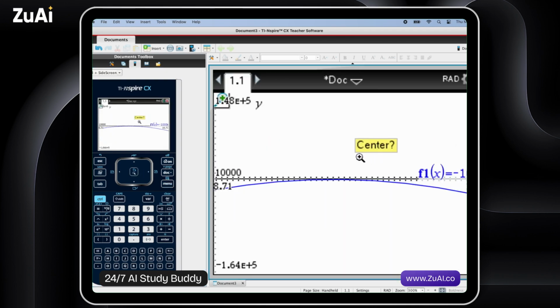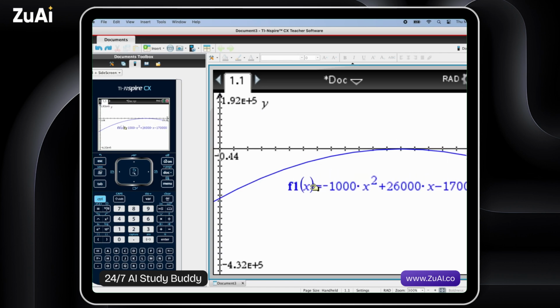Zoom in. Let's see if I entered this incorrectly. Negative 1,000x squared plus 26,000x minus 170,000. Okay, let's find the maximum.